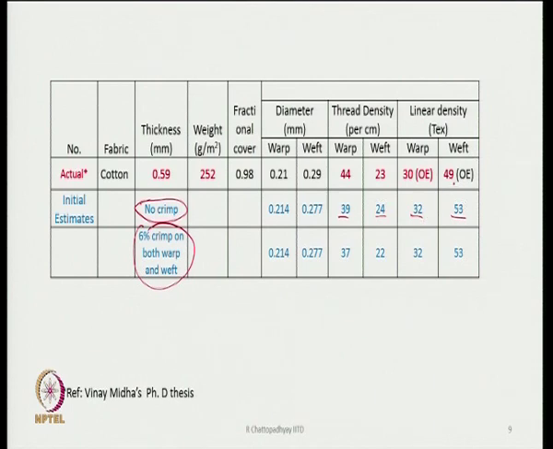With the 6% crimp, the figures change: the thread density changes from 24 to 22, and from 39 to 37. So the actual values are 44 and 23, and we get 37 and 22. So we arrive at values which are reasonably close to the actuals.